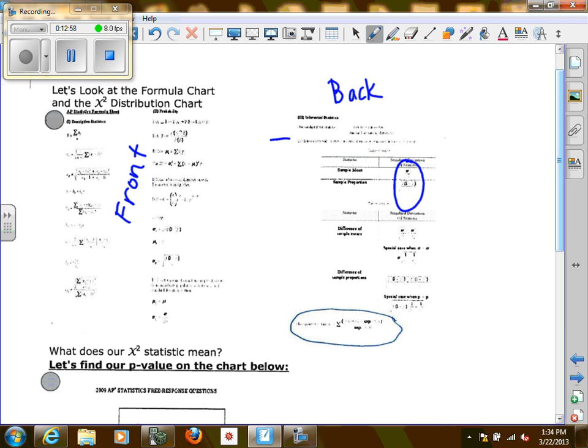This is the confidence interval. Right here on the back is the chi-squared value, on the yellow formula chart that you use. We'll pass that around also. So find this chi-squared value.